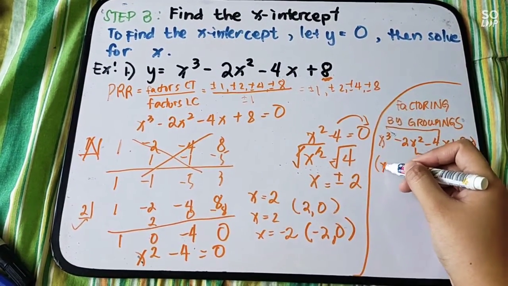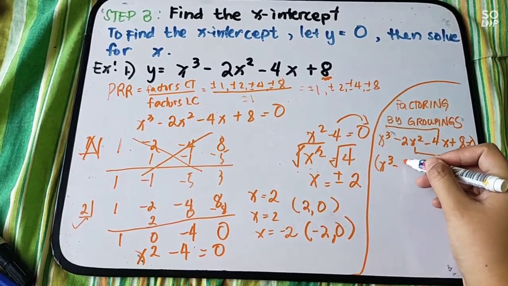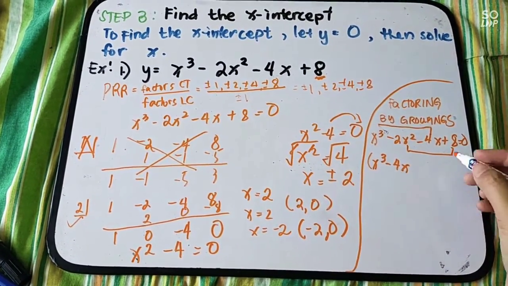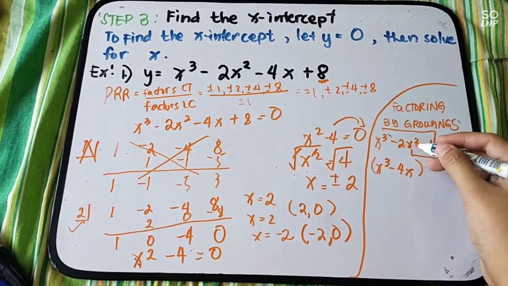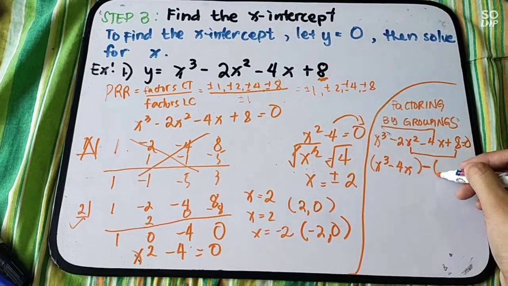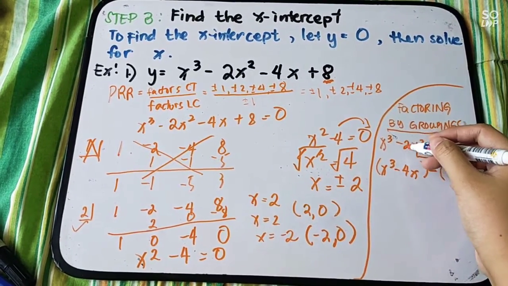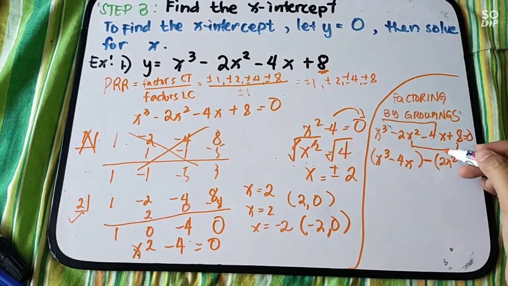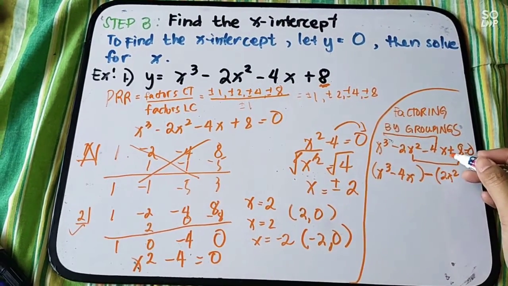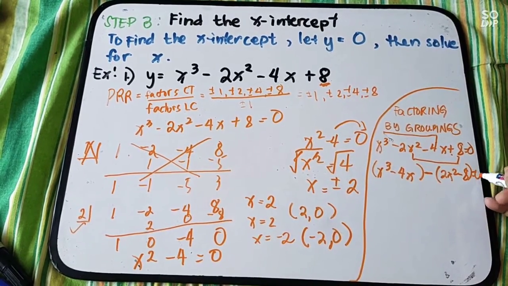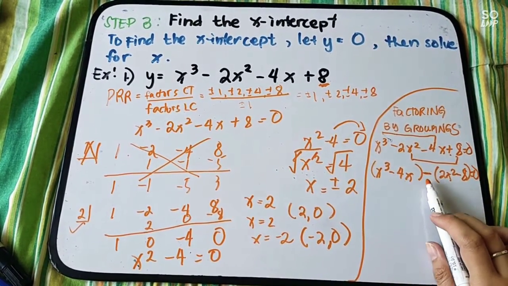So, we have here x cubed minus 4x, and then we have here negative. Labas mo yung negative para mas madaling mag-solve. So, since ito negative, itong 2x squared magiging positive na 2x squared. Since ito ay negative, itong 8 magiging negative 8, equals to 0. Sasama mo yung negative sign na.